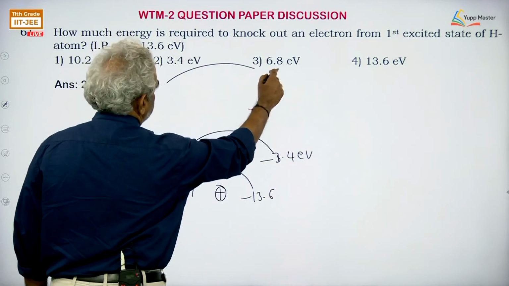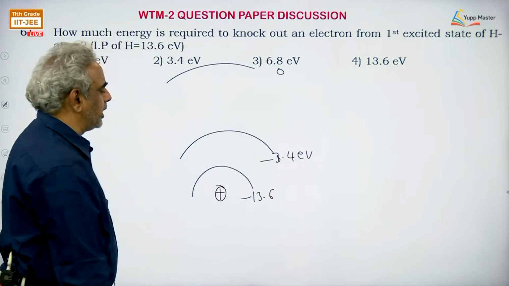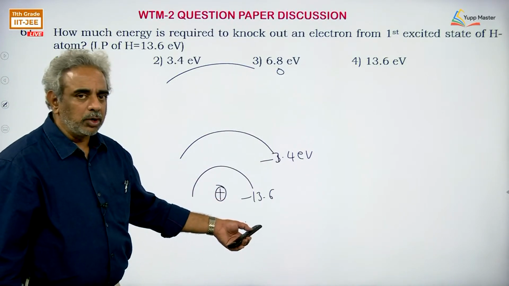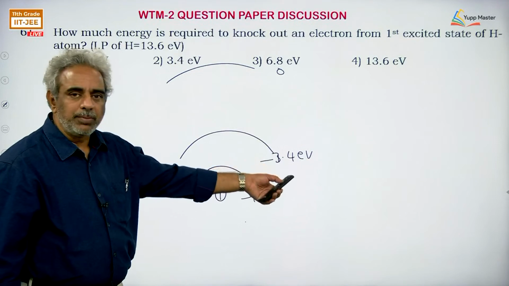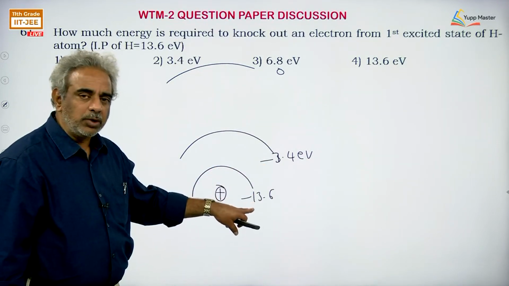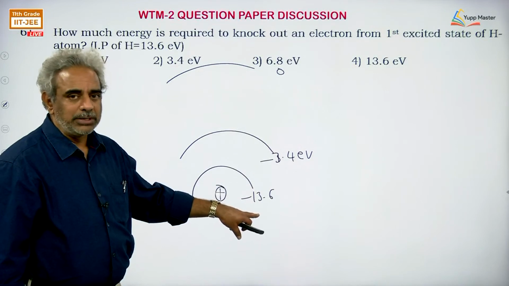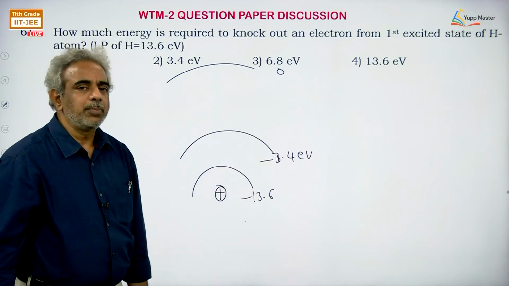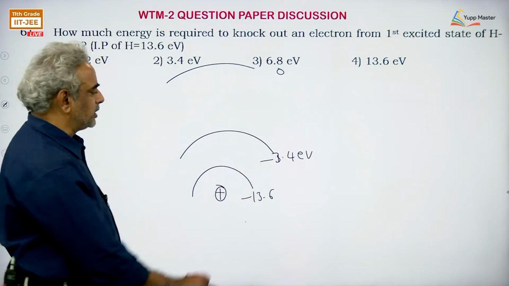This is infinity, 0. I want to take out the electron from first orbit, I should make it 0. If I want to take out electron from second orbit, I should make the energy 0. So to make the energy 0 from here, I need to add 13.6 electron volts. To make this energy 0, I need to add just 3.4 electron volts. So the answer is 3.4.